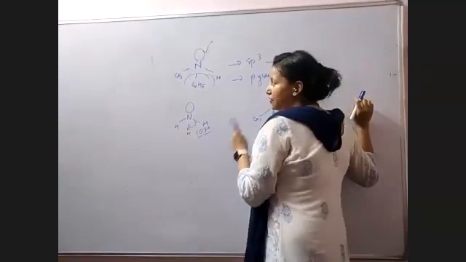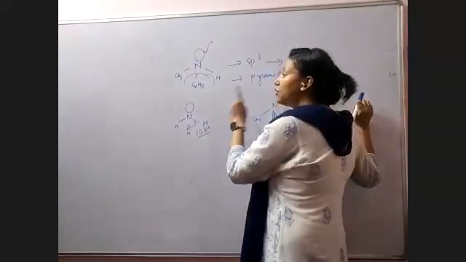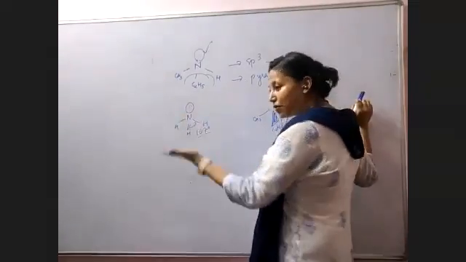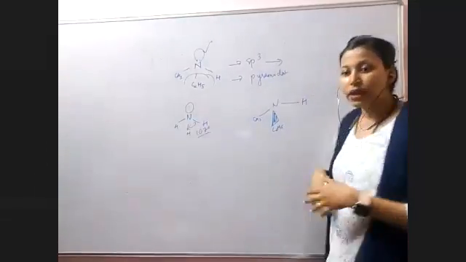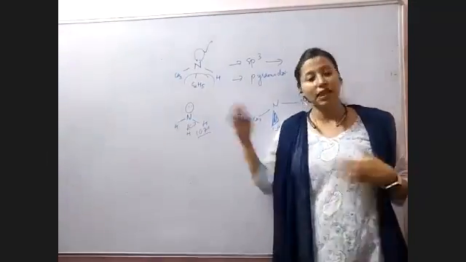Ammonia is 107. My question is, if you take a primary or a secondary amine, will their bond angles be same or different?